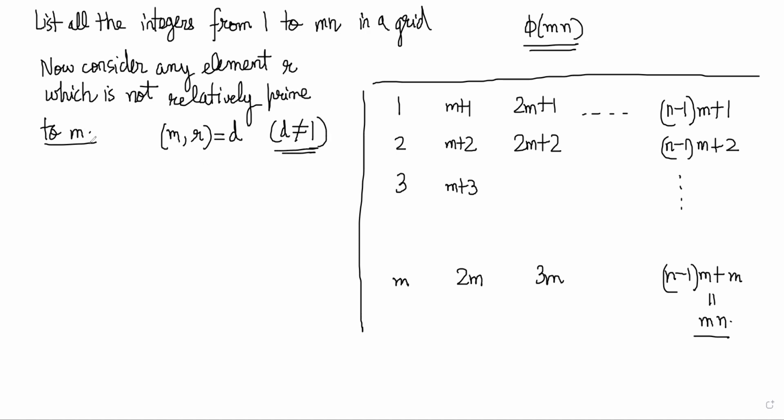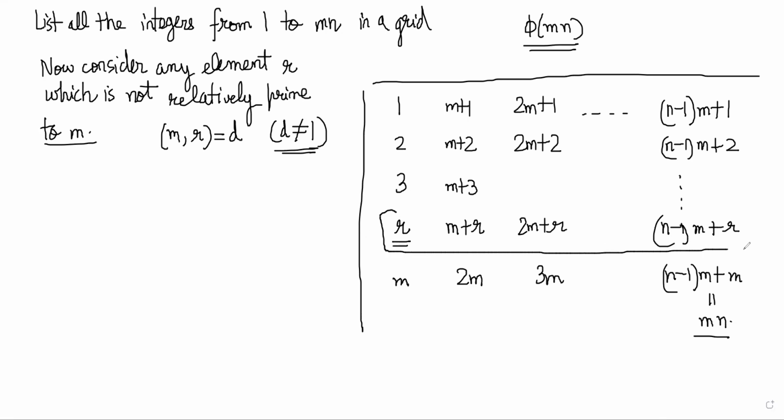Now if that element is in some row, let's say it is here, right? This row. Any element in this row will be r, then m plus r, then 2m plus r, and so on, up to n minus 1 times m plus r, right? This is the row where we started off with r, which was not relatively prime to m, right?